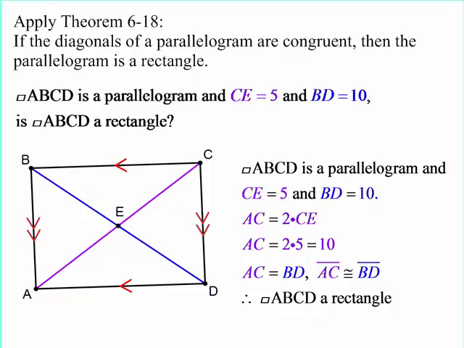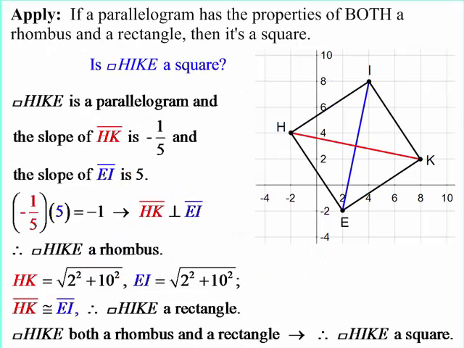Okay. And now let's see if this figure here, HIKE, is a square. Well, our first test is we're going to test slopes. So we're going down one space, 2 units to a space. So we're going down 2 and over 10. So this slope simplifies to -1/5.